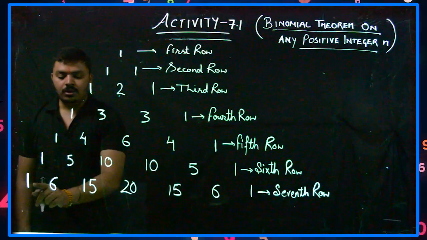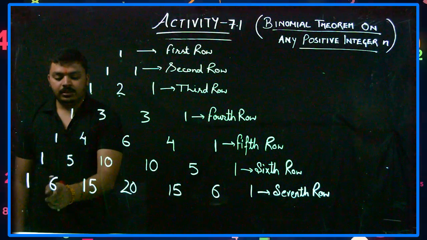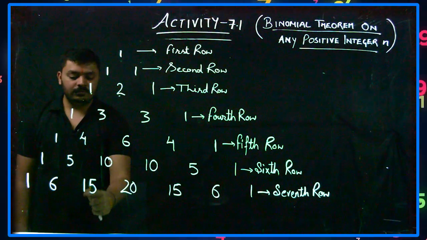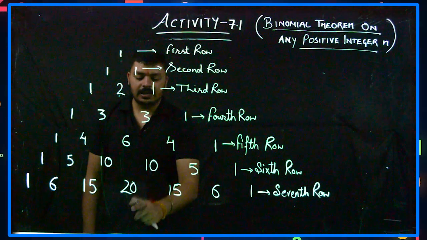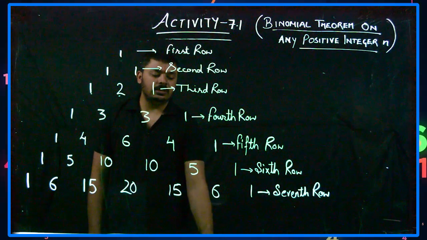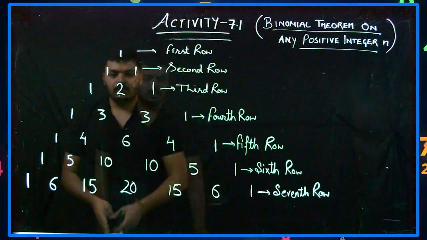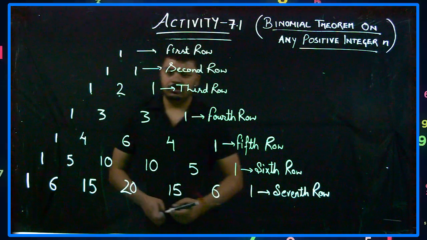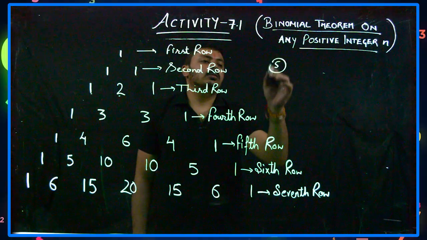Then seventh row, 1 and then second digit is 1 plus 5, 6, 5 plus 10, 15, 10 plus 10 is 20, 10 plus 5, 15, 5 plus 1, 6 and at last 1. We can proceed this pattern up to indefinite length. Step 5.